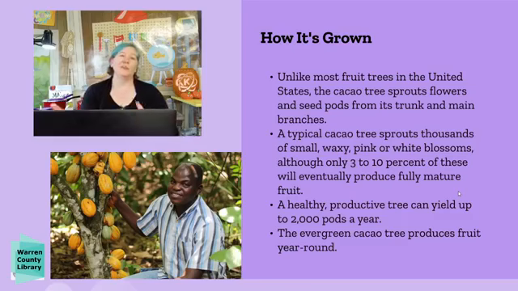Only 3 to 10%, so 1 in 10 or less, will actually produce one of these big fruits. But a healthy, productive tree will produce 200 pods a year, and each of the pods has 30 to 50 beans in it. So, a good healthy tree can produce a lot of cocoa bean. And like I said, it does produce fruit year-round.